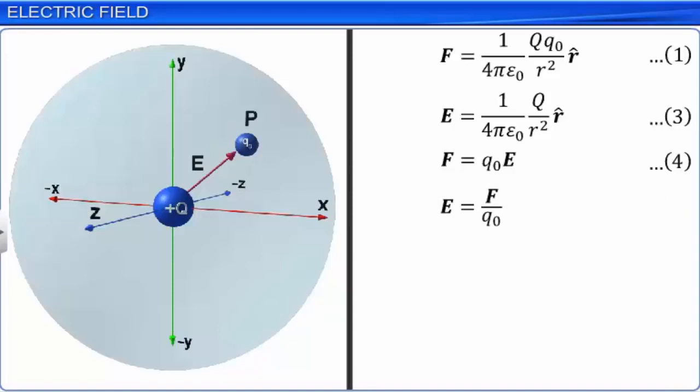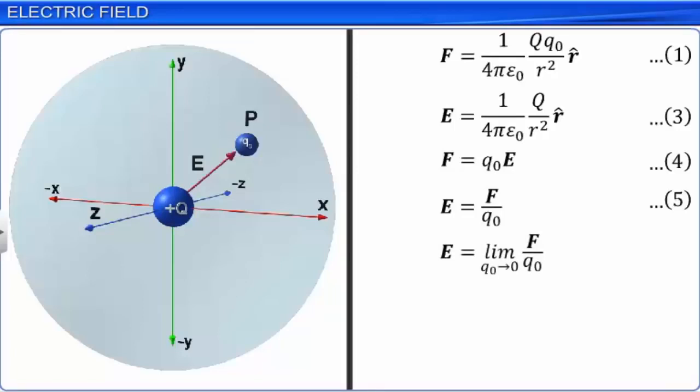The above equation is valid as long as the test charge Q0 is very small and its own electric field is negligible. Hence, at point P, we write the electric field strength E as F by Q0, limit Q0 tending to 0.